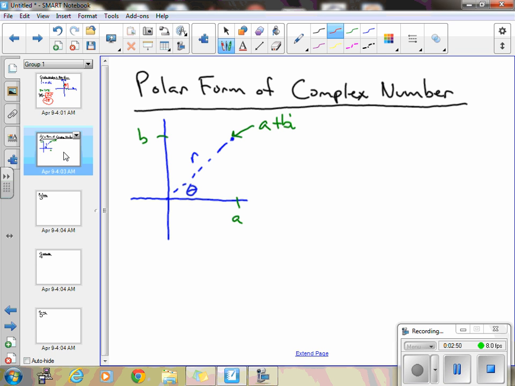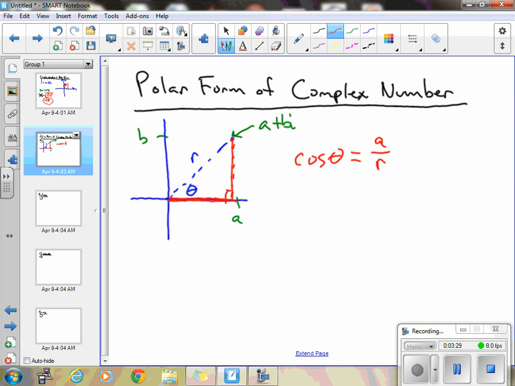However, as a polar point, we're going to think about the triangle that this makes. So a is going to be representative of this length, from the origin to the value a, and b is going to represent this length of the triangle, which is the distance from the x-axis up to the point a plus bi. So in order to relate the angle and this value of r, which we now know is our absolute value from the previous slide, we know that the cosine of theta is equal to a divided by r.